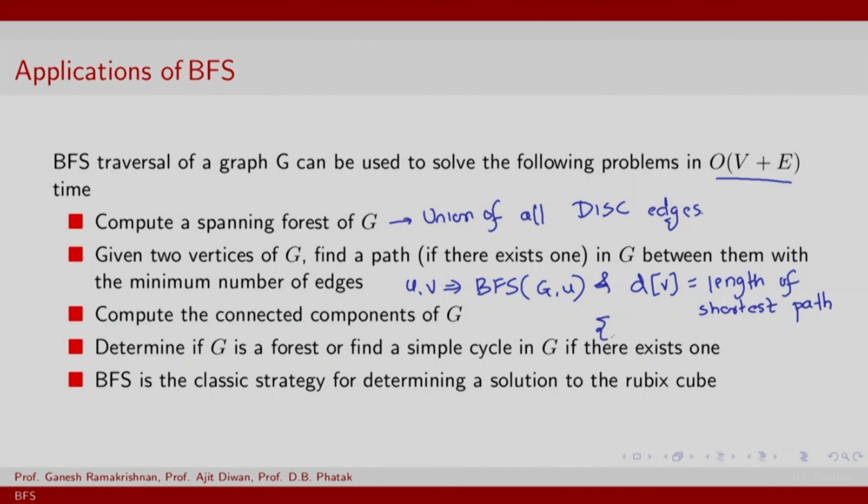And the cascade of pi of V, pi of pi of V, and so on back to U is exactly the shortest path.